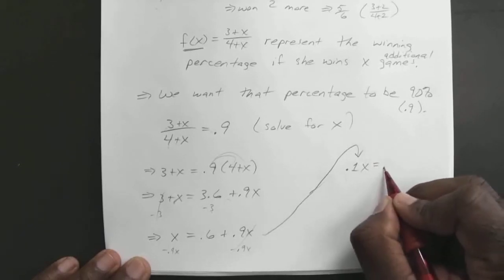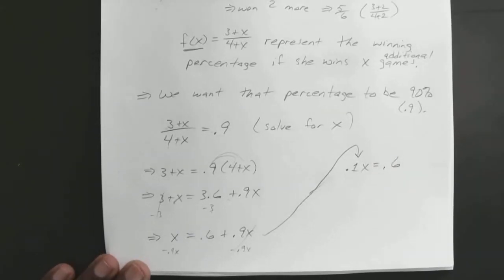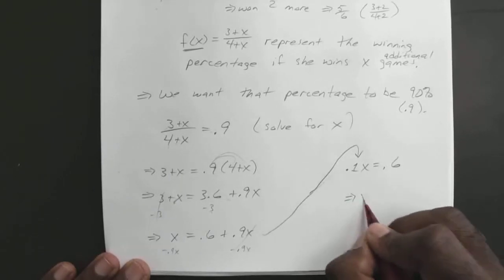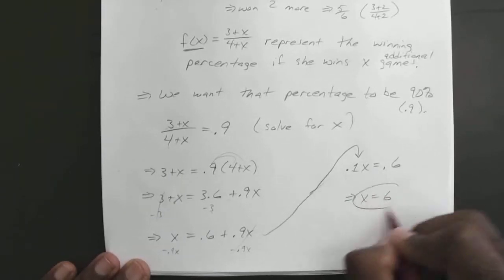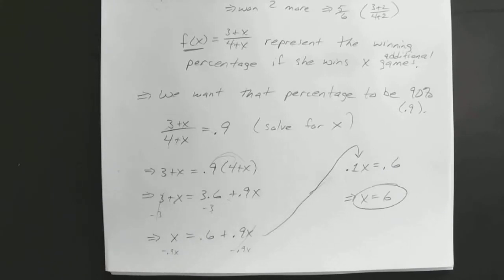Okay, so we have 0.1x equals 0.6. Divide both sides by 0.1. You have x equals 6. Okay, so she'd have to win 6 more games to reach 90%.